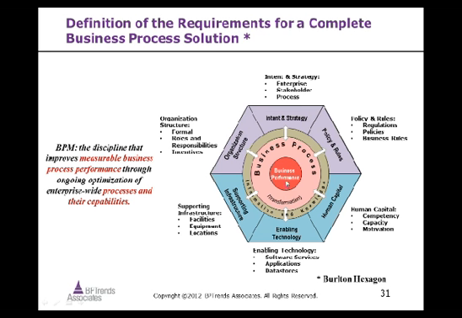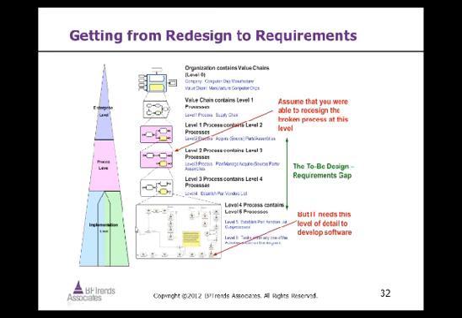So we will look at the solutions in terms of the hexagon, and we'll have quite a big discussion of this at the conference. So we're moving then from design down to requirements. We have a stack of models working all the way through from enterprise level down to implementation level.